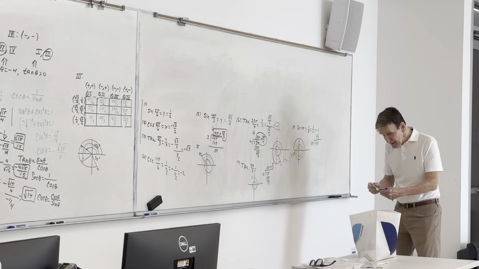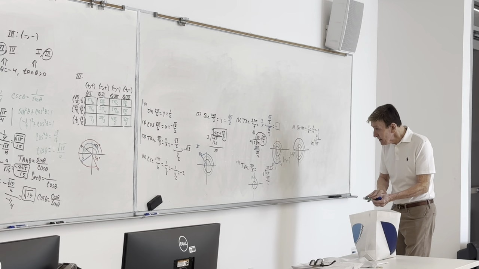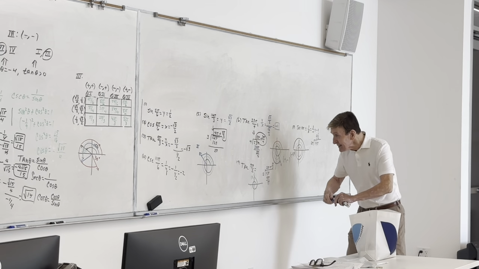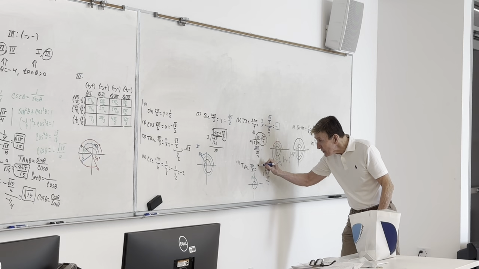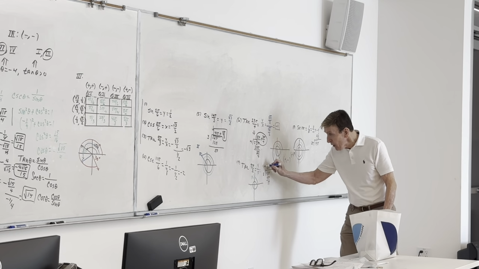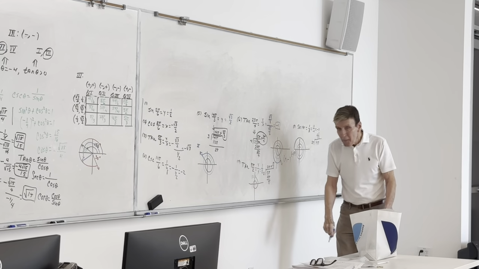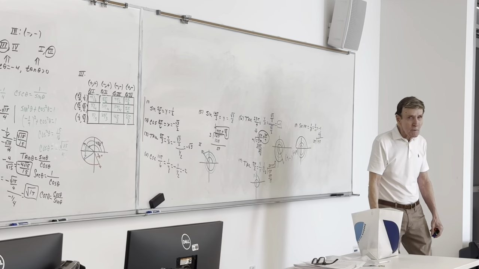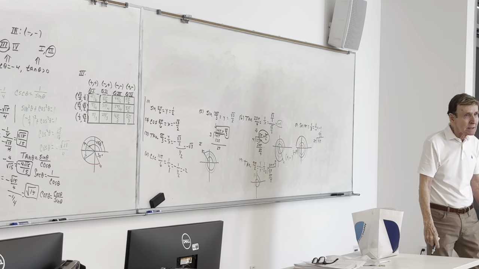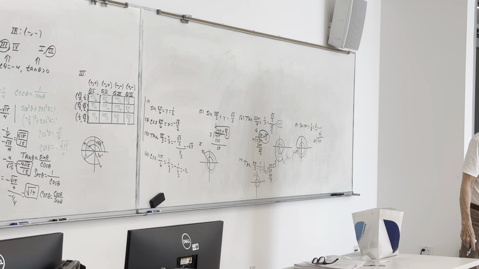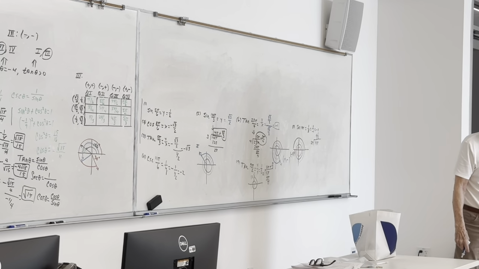I'm asking for tangent. Tangent's definition is y over x. If I place y over x, I'm placing 1 over 0, which tells me what's happening. There's no answer. It's undefined.